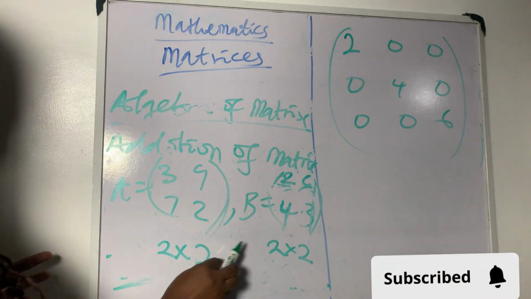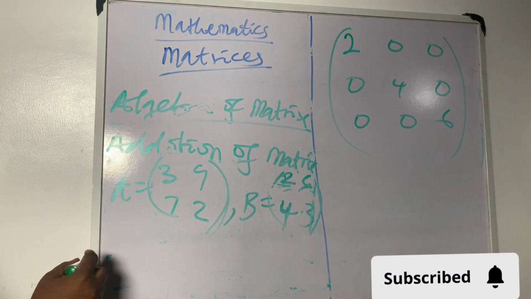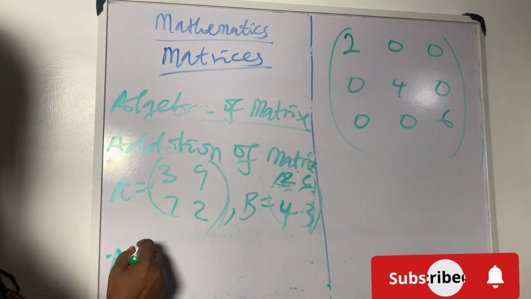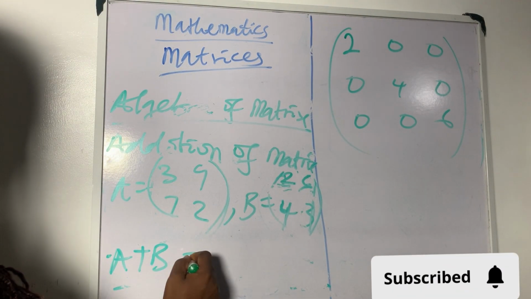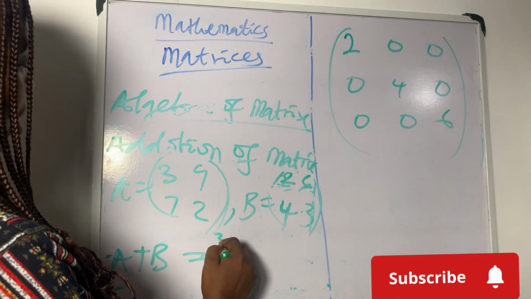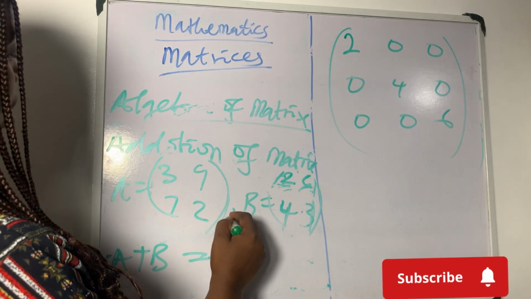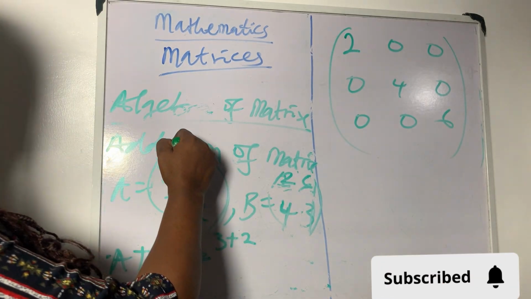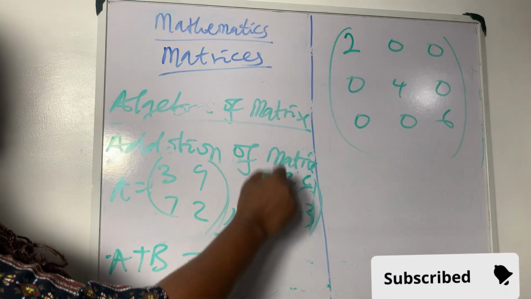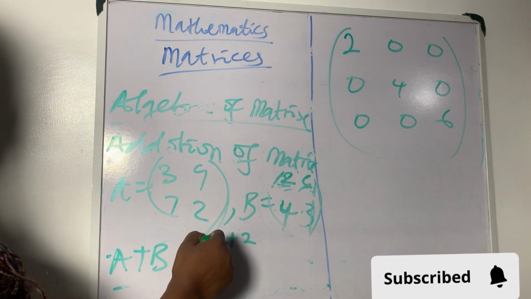Now, adding the corresponding elements, A plus B equal to 3 plus 2, then you go column by column. That is how we add in matrix addition.